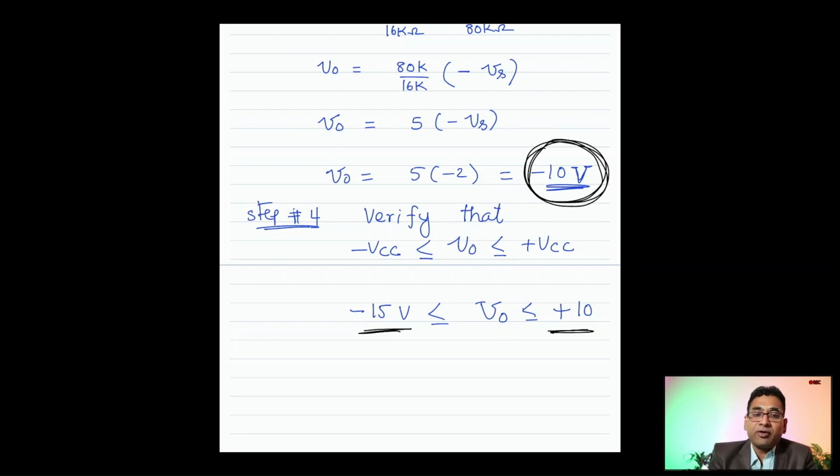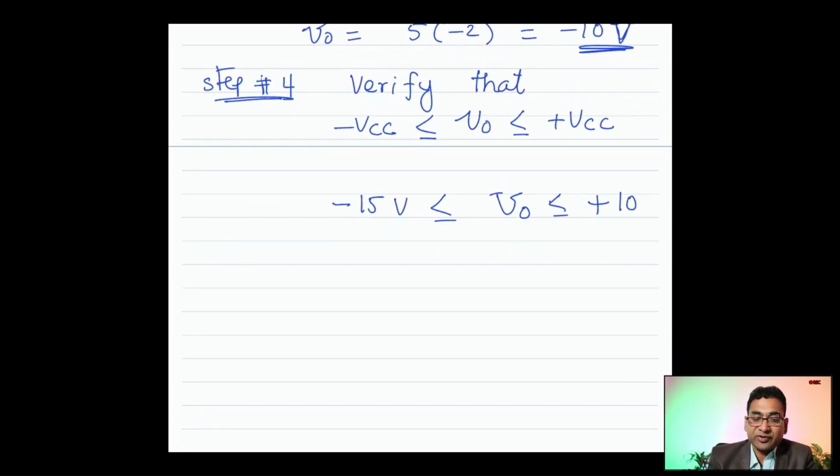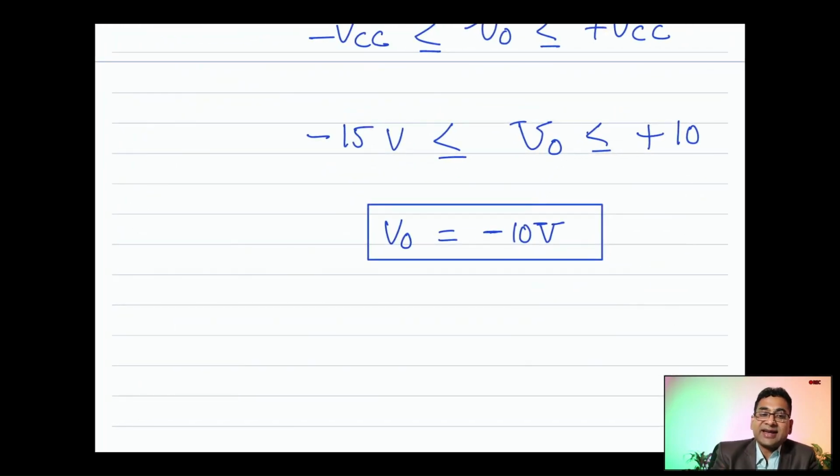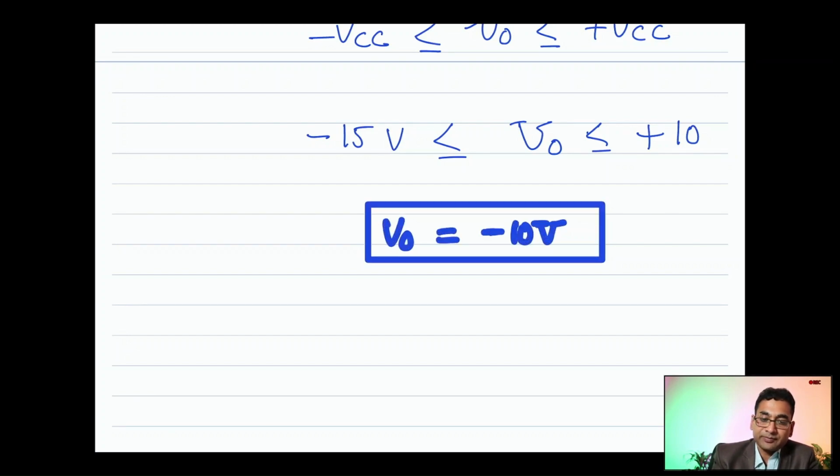Remember, if not, the V output saturates. So we assumed that this op-amp was in linear region, and in fact the negative 10 volts answer that we received for V output is within the power supply values. Hence the answer is this guy. That's your solution to part 1.